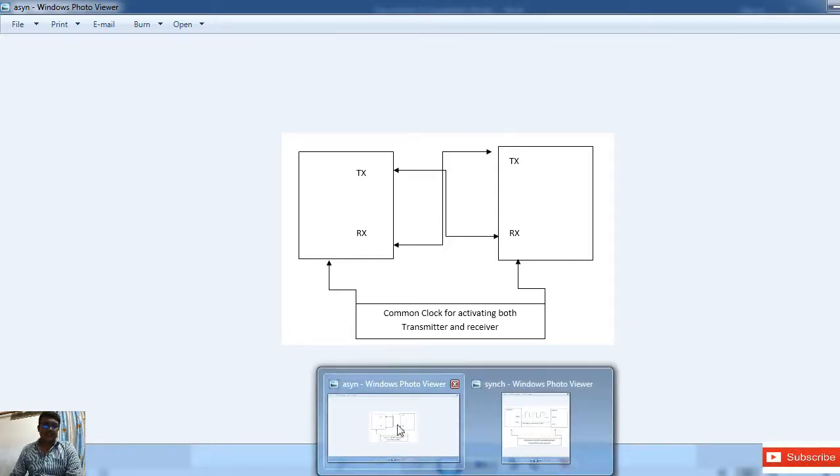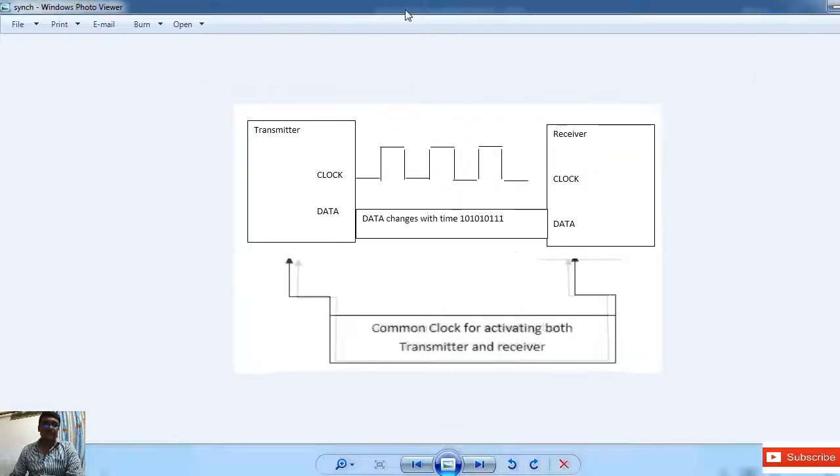So let us see the synchronous one here. This is a synchronous transmitter and receiver. Here also we have a common clock for activation of transmitter and receiver. One difference here is that it has clock signals, which are connected to the receivers. The clock signals are synchronous between transmitter and receiver.